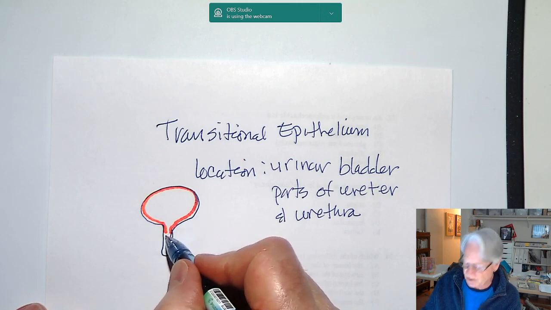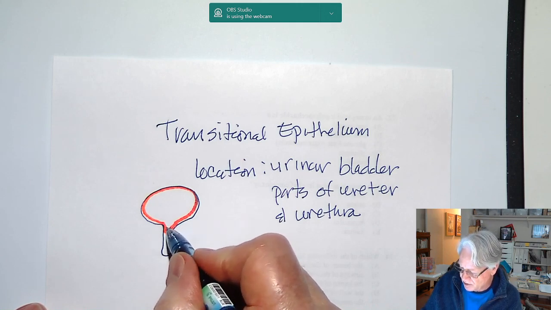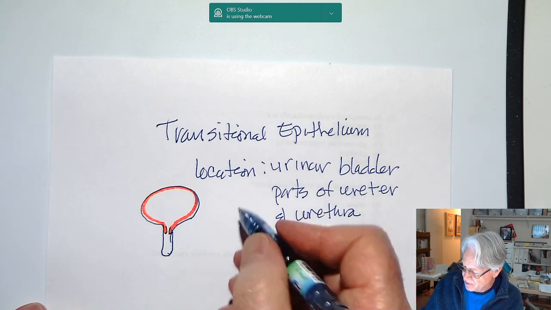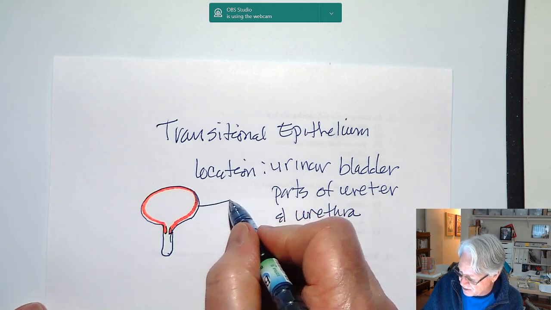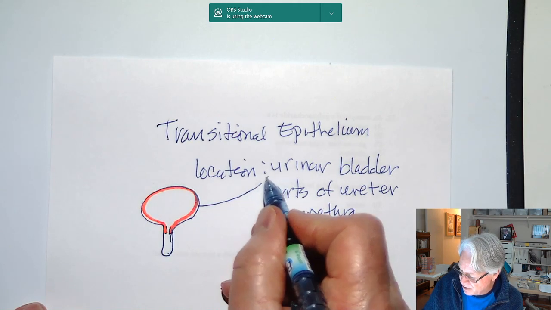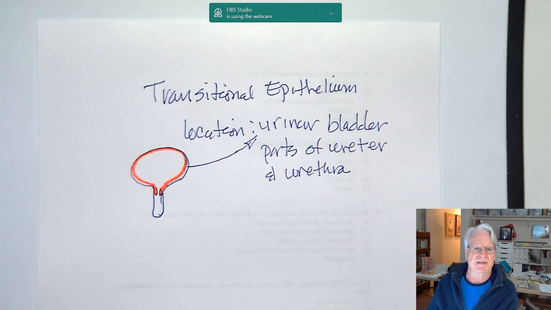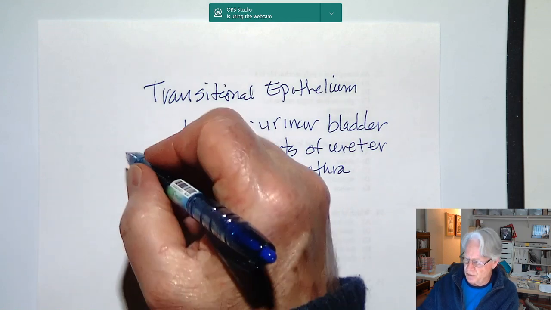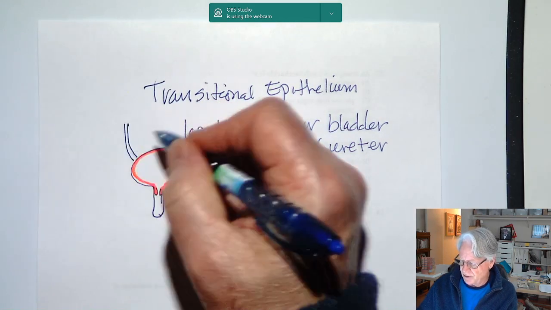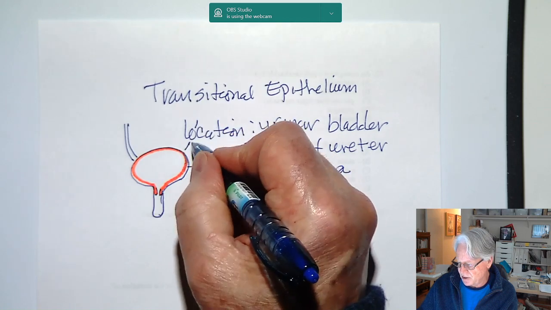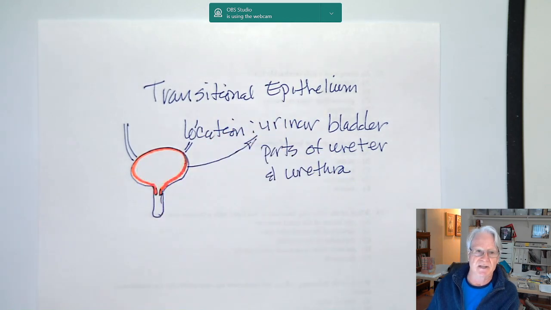It extends somewhat down into the urethra. So that's why we see that listed. And it's true also with the ureters, which are coming in this direction here. So it does tend to extend up in that direction a little bit as well. So it's just like an overflow, if you will, from the urinary bladder.